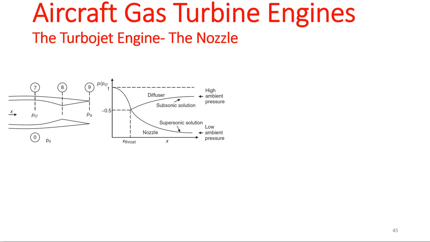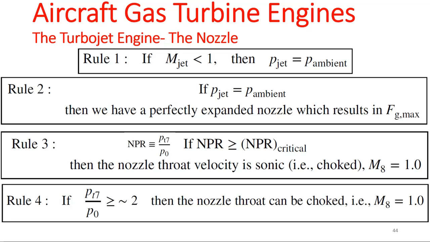So the area ratio in the nozzle is the exhaust area divided by the throat area. The pressure ratio is defined as the inlet pressure divided by the ambient pressure.